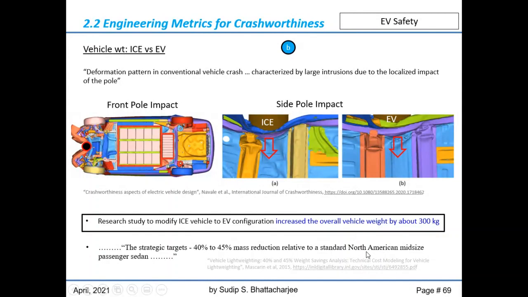That's why there is this general drive, and many of us are aware of it, to reduce the weight of the vehicles. Here again, I'm just giving one other public domain reference. The strategic target of that research project was 40 to 45% mass reduction in the standard mid-size sedan.